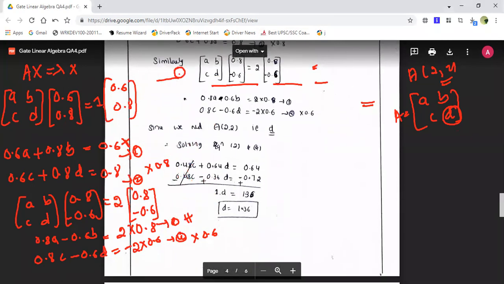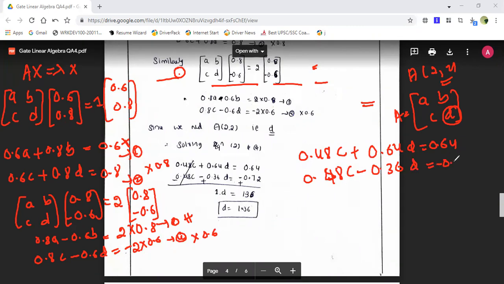Solving simultaneously, if I multiply equation 2 with 0.8, this will be 0.48c + 0.64d = 0.64. Equation 4 if you multiply with 0.6, it is 0.48c - 0.36d = 0.6 into 0.6 is 0.36 into minus 2, that is -0.72.